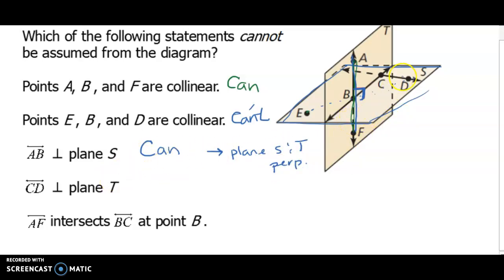So when I say CD, notice CD is in plane S, is perpendicular to plane T, which is right here. Well, we just said that those planes are perpendicular, so this is true. And the last one is AF, so once again we have this line here, AF intersects BC right here at point B. It absolutely does.